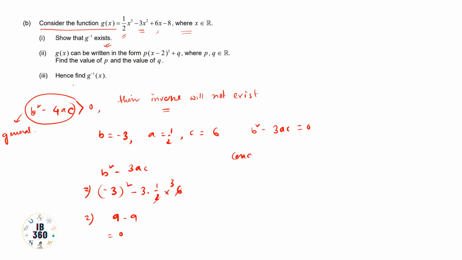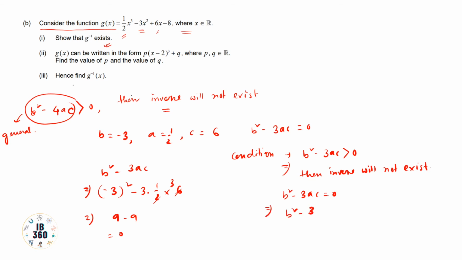Now the condition was, if b square minus 3ac is greater than 0, then the inverse will not exist. But for this case you can see b square minus 3ac equals 0, and the condition is that if b square minus 3ac is less than or equal to 0, then the inverse will exist.